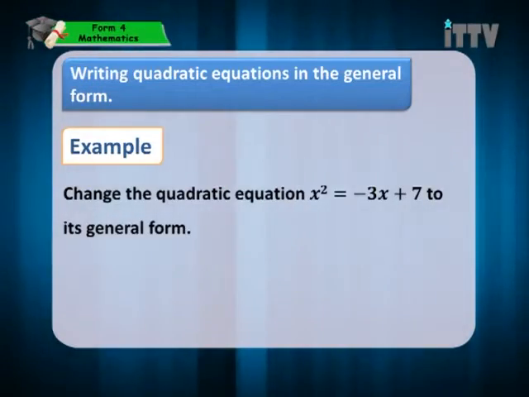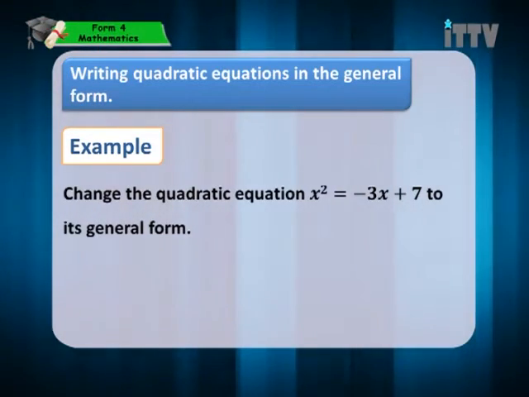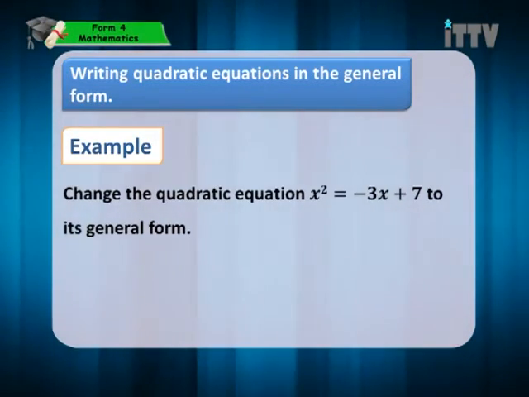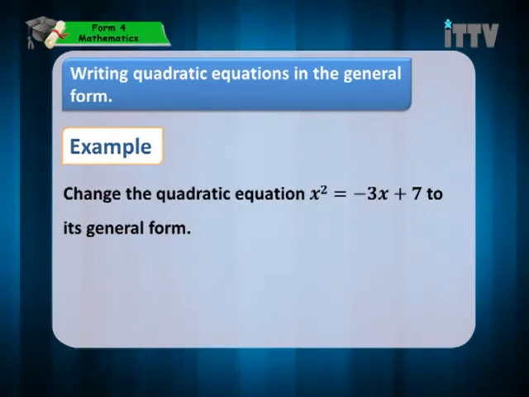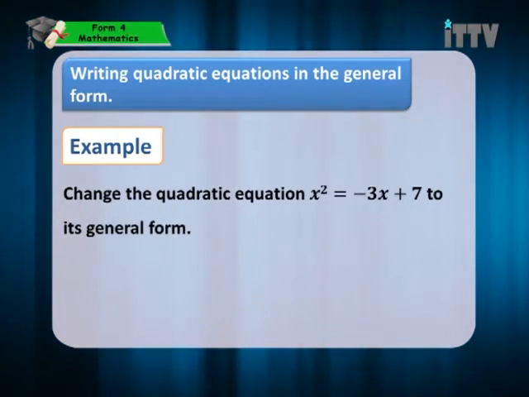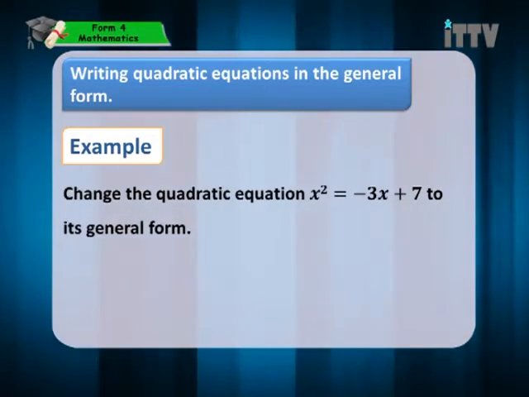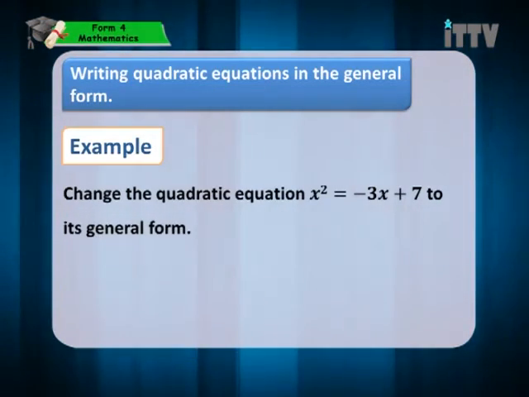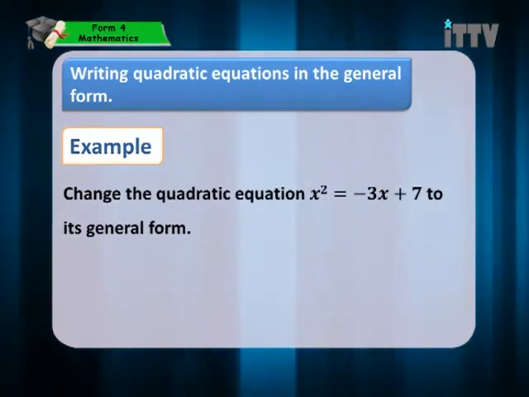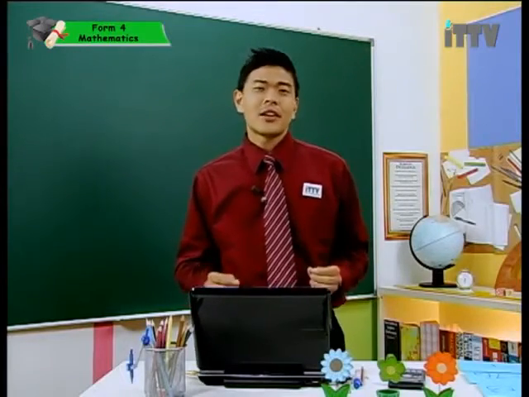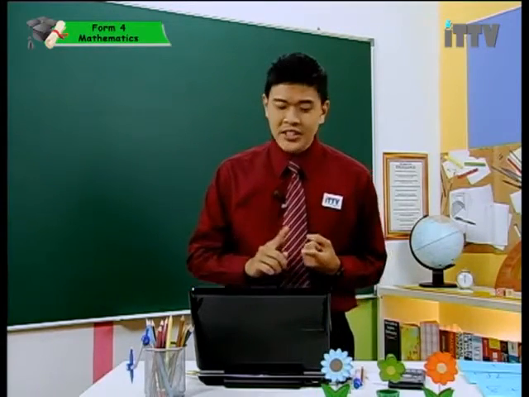To write quadratic equations in the general form, let's look at this example here. Change the quadratic equation x squared equals to minus 3x plus 7 to its general form. Now we have a question. The given equation is a quadratic equation because there is one unknown, which is x, the highest power is the square, and there is an equal sign.